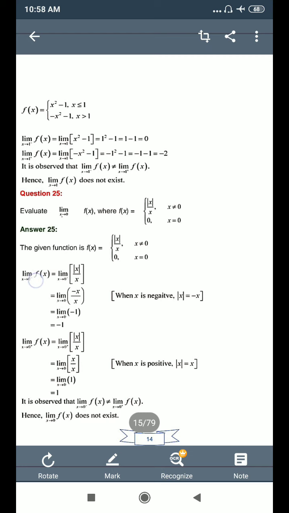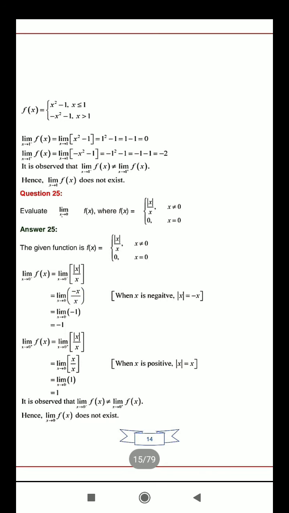When x is less than 0, modulus of x is written as minus x. That I have already explained in one of the videos, you can check how to calculate modulus. So we'll replace modulus of x as minus x. So it is minus x upon x, so it is minus 1.